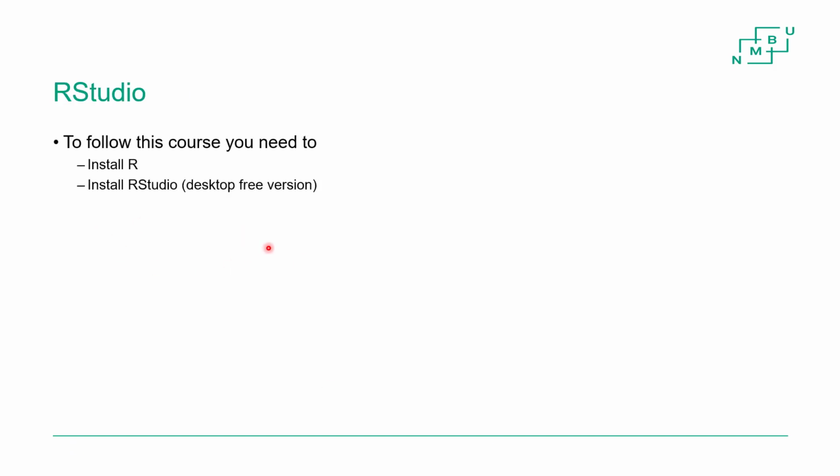RStudio is of course super important. We can't do any practical data analysis without a software tool, and RStudio is the one we use. So you have to install R, and please note the order of things here.